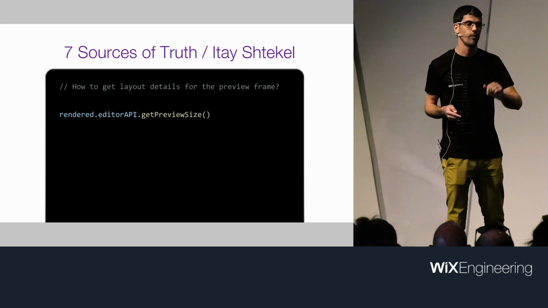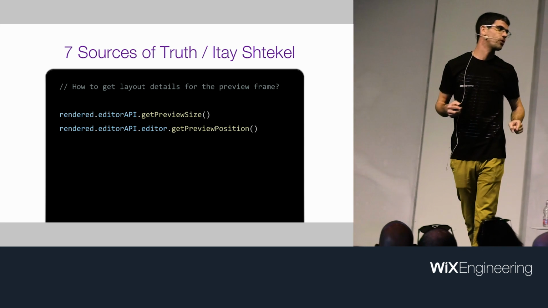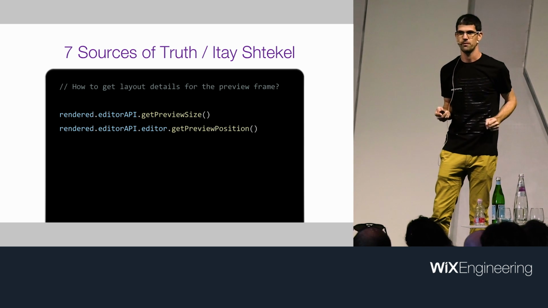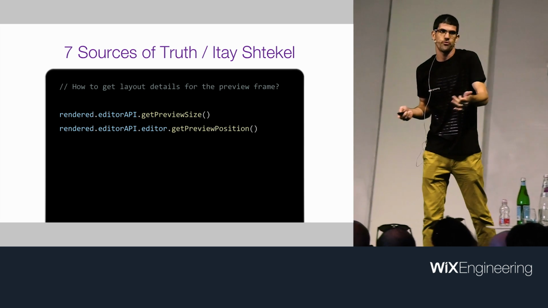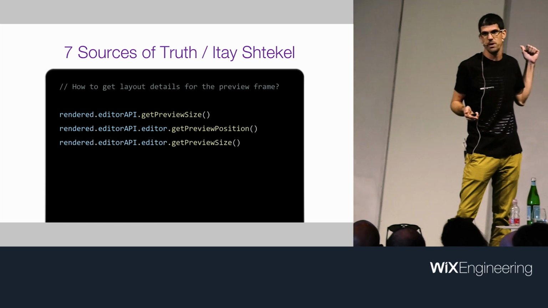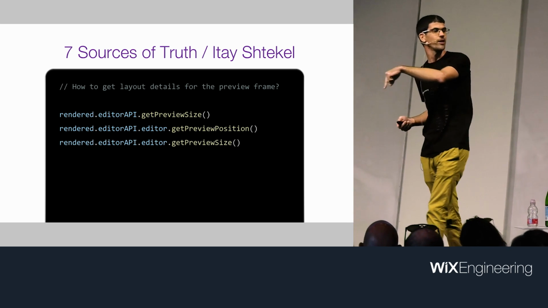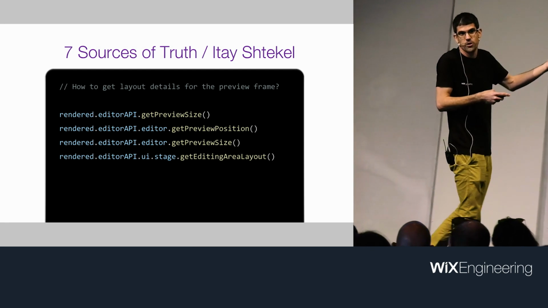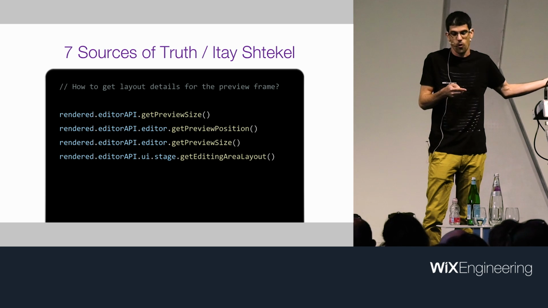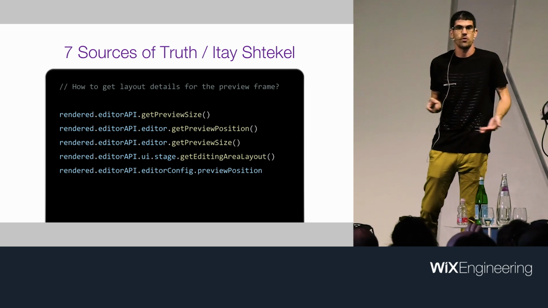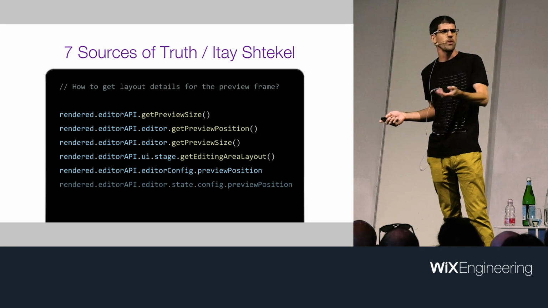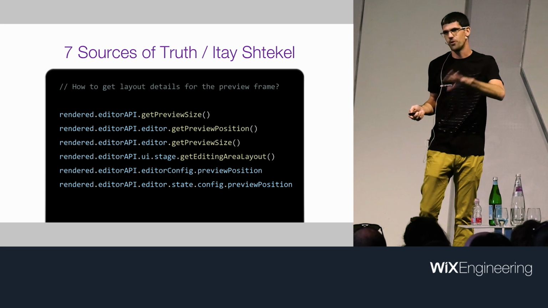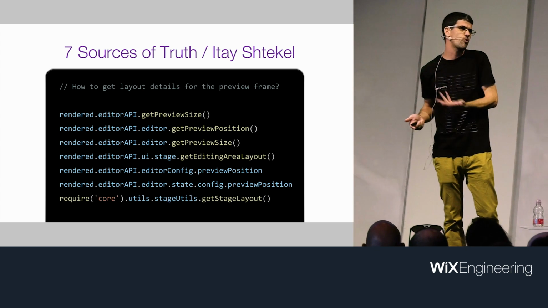But some might say, no, I want the editor namespace, so I am going to invoke get preview position. But some of you might prefer the previous naming of the function, which was better. So you could also go to editor, get preview position. Unless you're working from the UI stage and you want to use that namespace for some reason. Or maybe you don't want to invoke a function, so you want to pull it out of the config. Or maybe from the state. Or if you don't like the whole rendered thing, you can just go to the core module and pull it out from there.